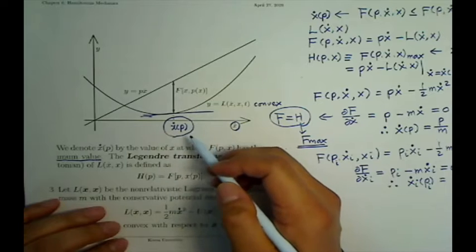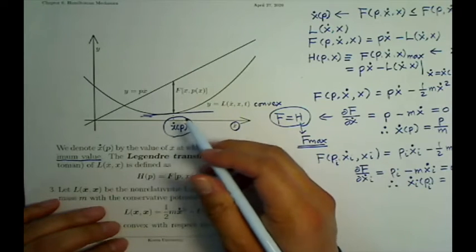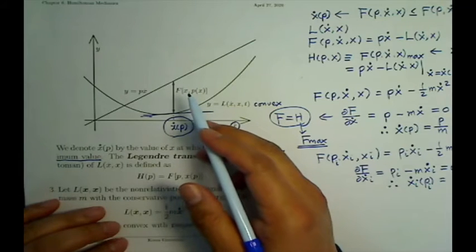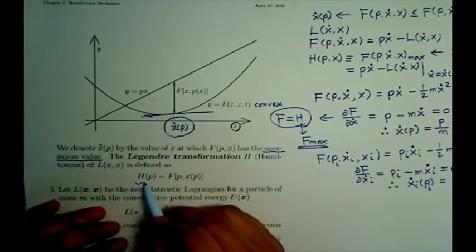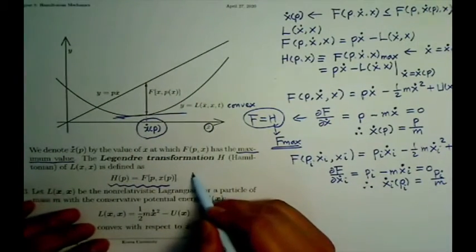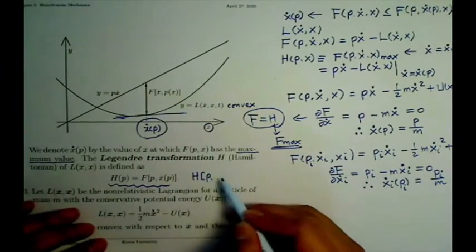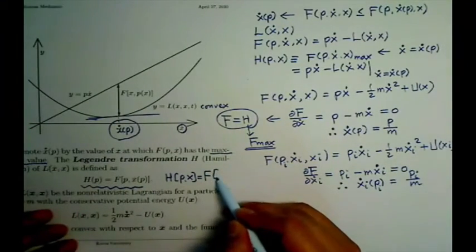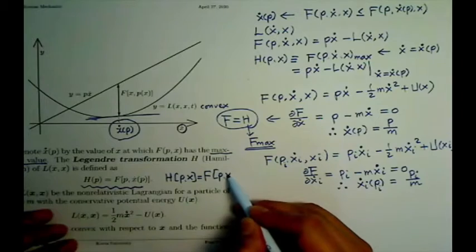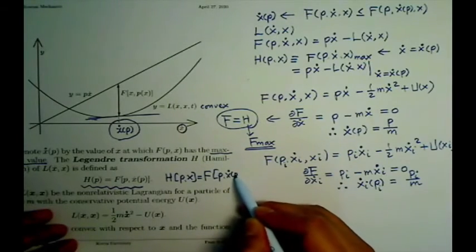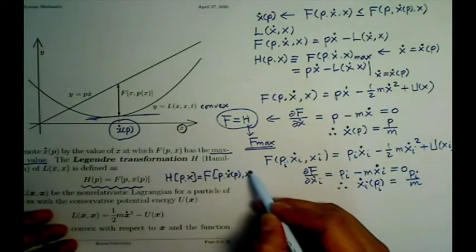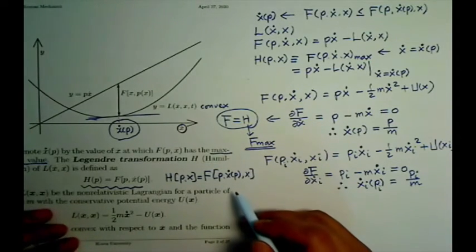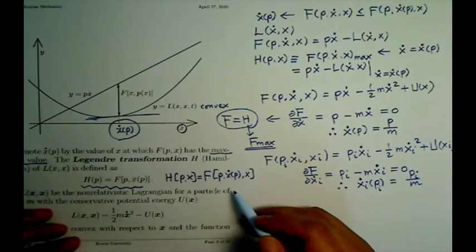And when we substitute this optimal value for the x dot into the F function, what we obtain is the Hamiltonian. And actually this is a Hamiltonian as a function of p and x. That is F of p, with x dot replaced with x dot p, and x. X is for the coordinate, the potential energy.